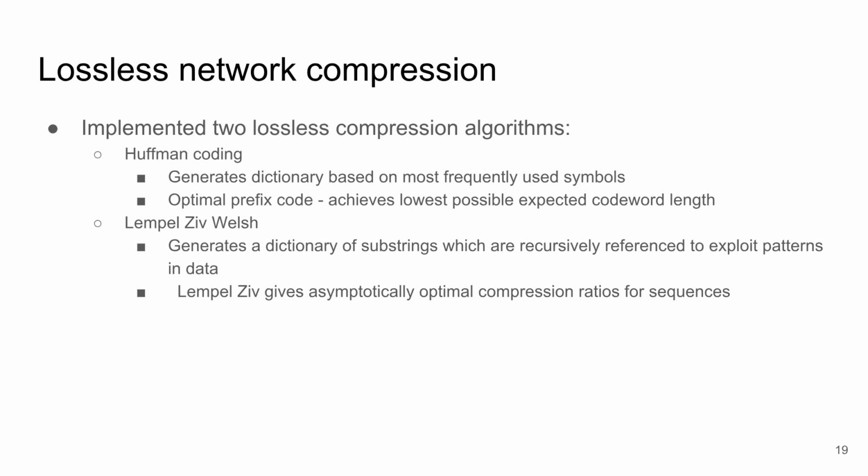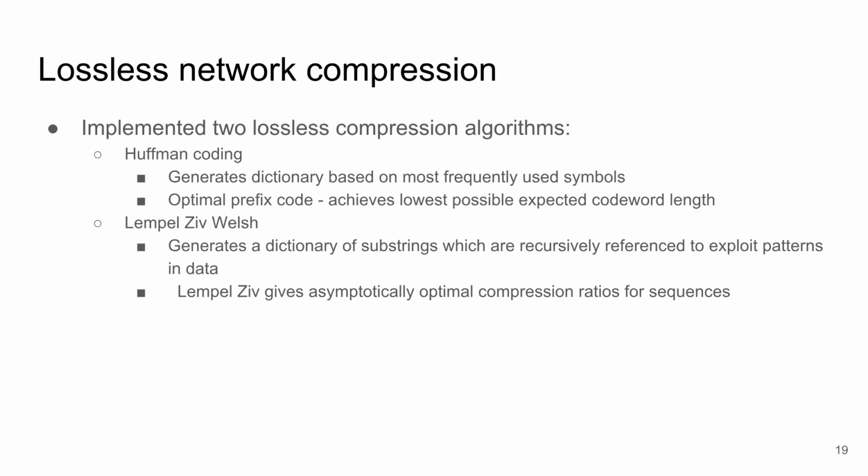And since we're actually quantizing our weights before, we really do have a small number of weight values, and then we can essentially figure out which ones are used the most and compress our data through using a dictionary that way. And the Huffman code is an optimal prefix code, and it will achieve theoretically the lowest possible expected code length. So that was a great option for that algorithm.